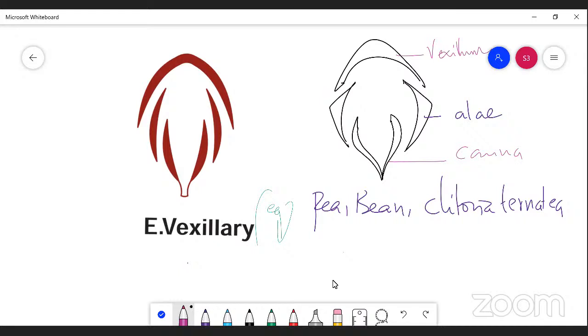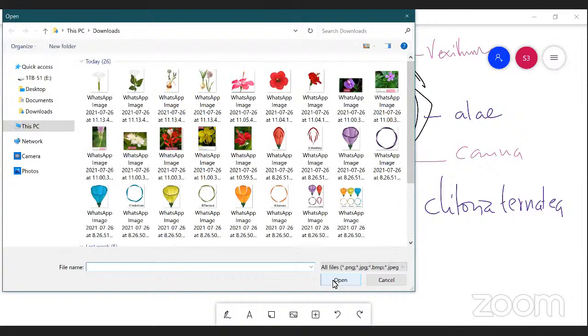So this is the nature of the vexillary type. I'm going to show you one example to finish this portion.